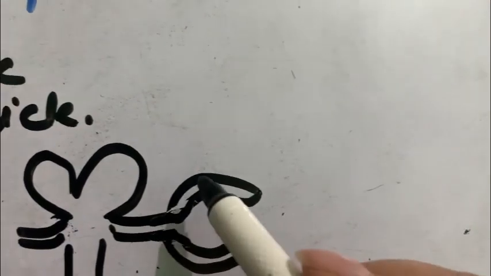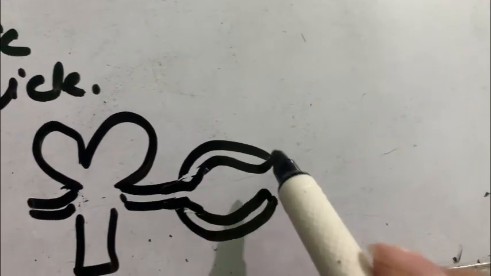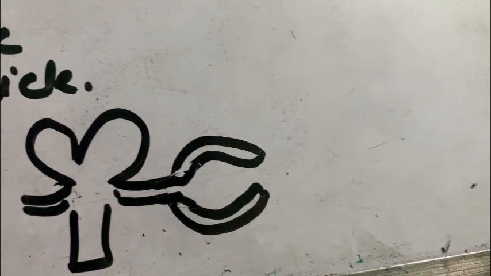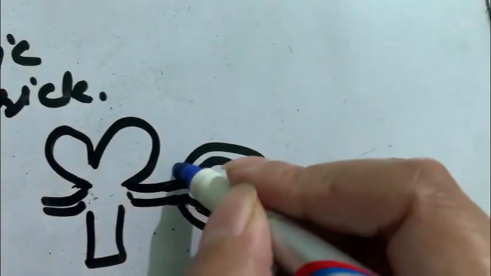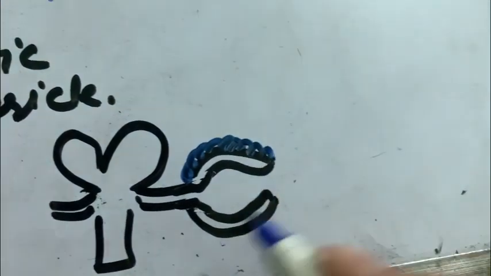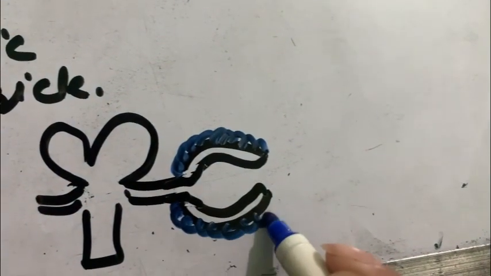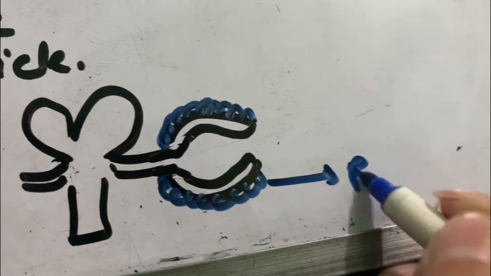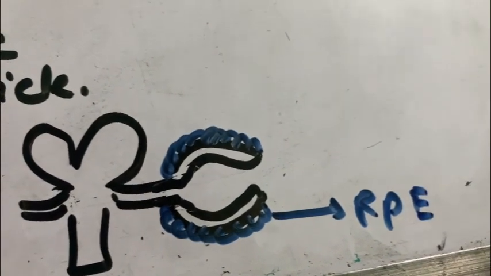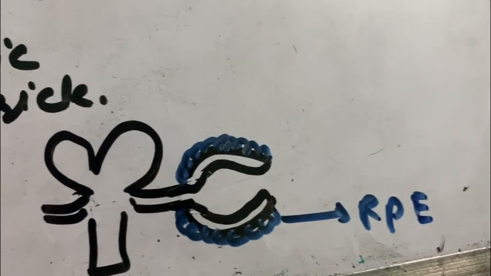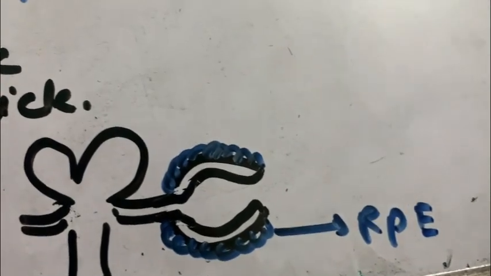The outer part of the optic cup is basically the RPE, retinal pigment epithelium. And the inner part of the retina is called the neural layer.